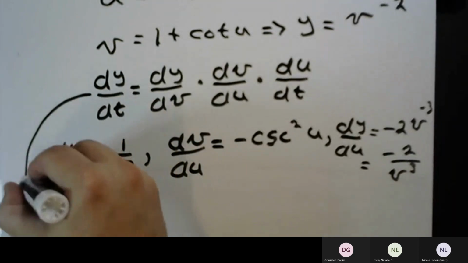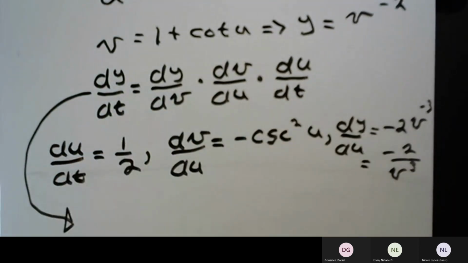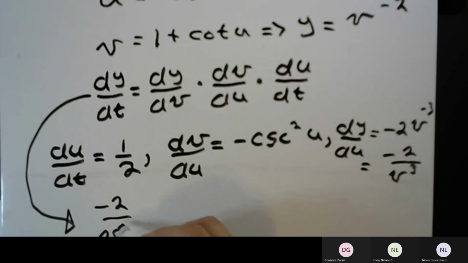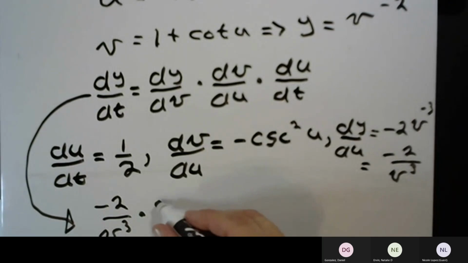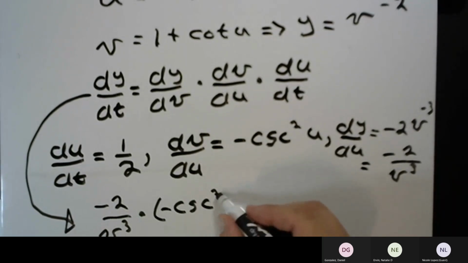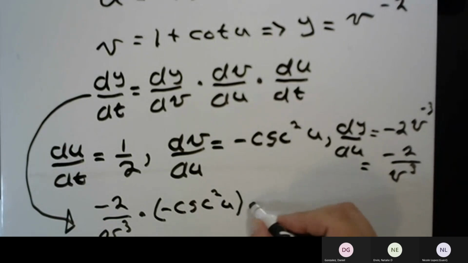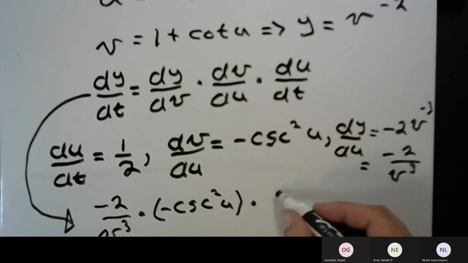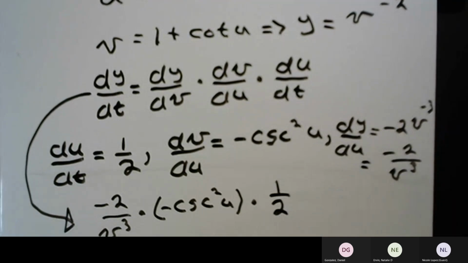So what this means, if we put this all together, dy dv, we get -2 over v cubed times dv du, negative cosecant squared u, times, and then du dt is 1/2.